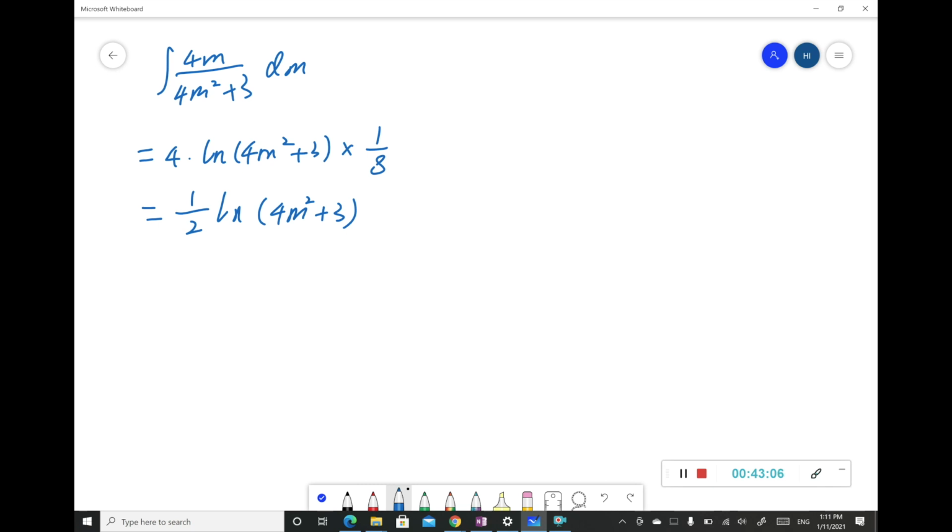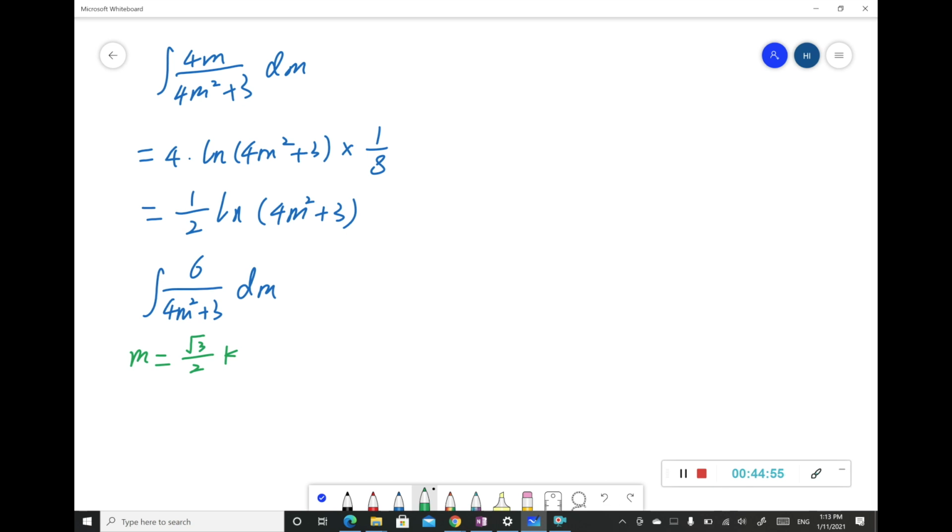And the last item, the last one, it will be 6 divided by 4m squared plus 3 dm. For this one, we could use substitution first. Since this one is very similar to the tangent function, we could set m equal to square root 3 divided by 2 times k.